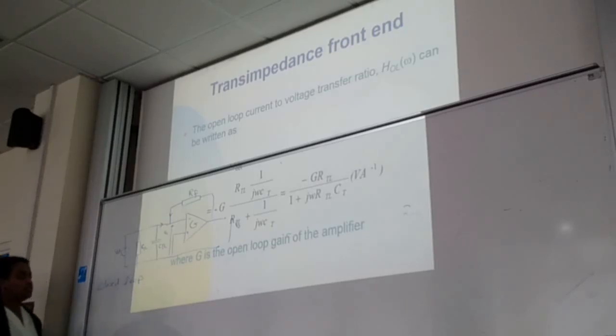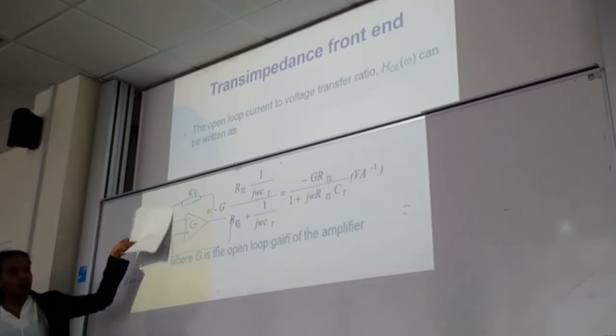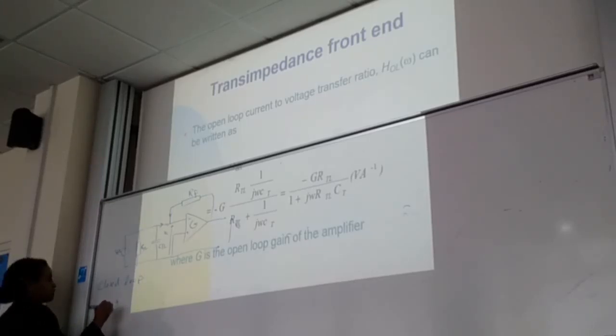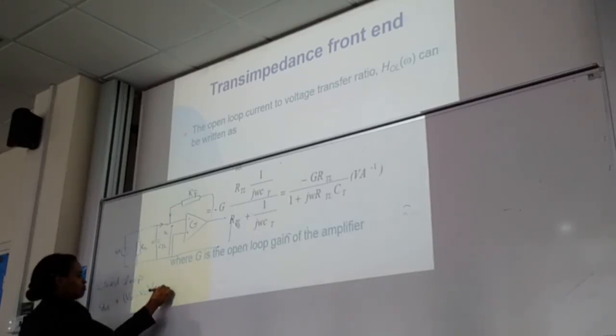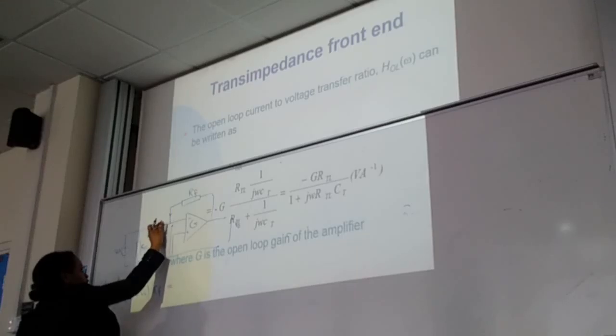So in this case, the total current will be I detector plus the current through RF, which is V out minus V in over RF.